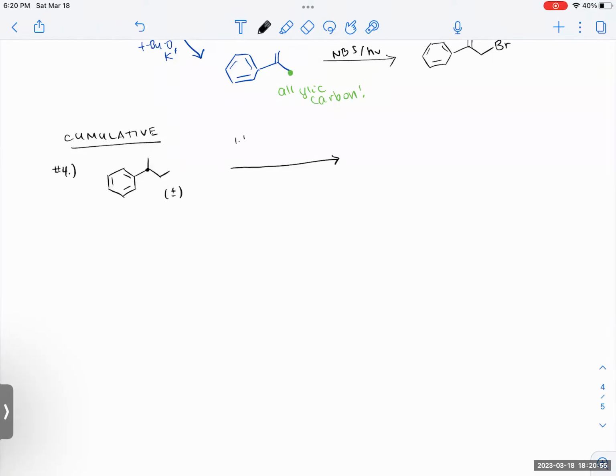So our first step is NBS and light. Our second step is t-butoxide. Our third step, BH3 THF. And our fourth step is NaOH and peroxide, H2O2, I mean.